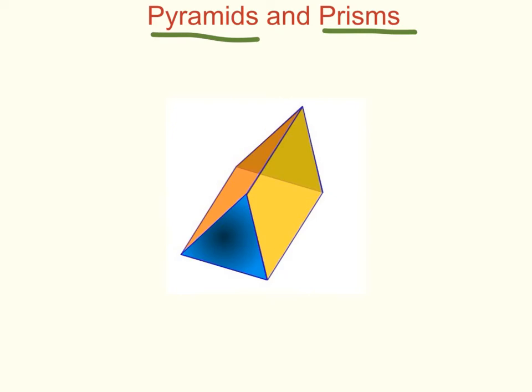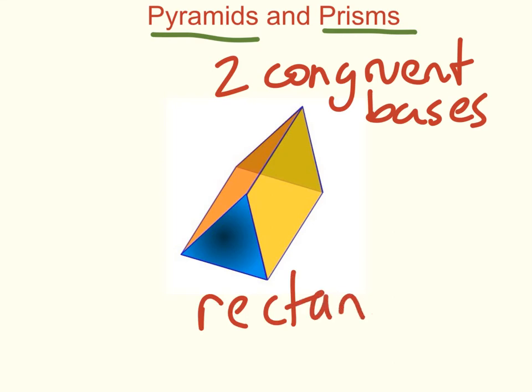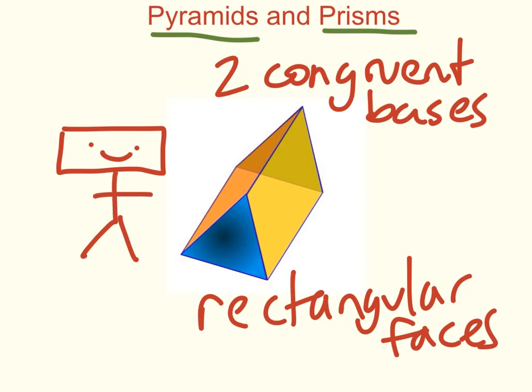So prisms always have two congruent bases, and then they have rectangular faces. Rectangular faces. Kind of like my friend here, Rectangle Jim. He has a rectangle face as well.